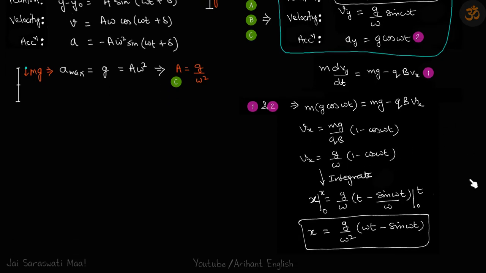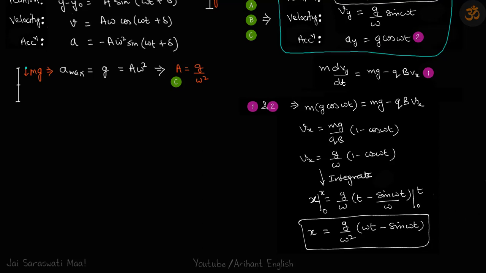If we integrate this, we will get x, because we are starting from origin, x will vary from 0 to x, is equal to g by omega times t minus sin omega t by omega, and limits will be 0 to t. So we will get our answer x is equal to g by omega square times omega t minus sin omega t.